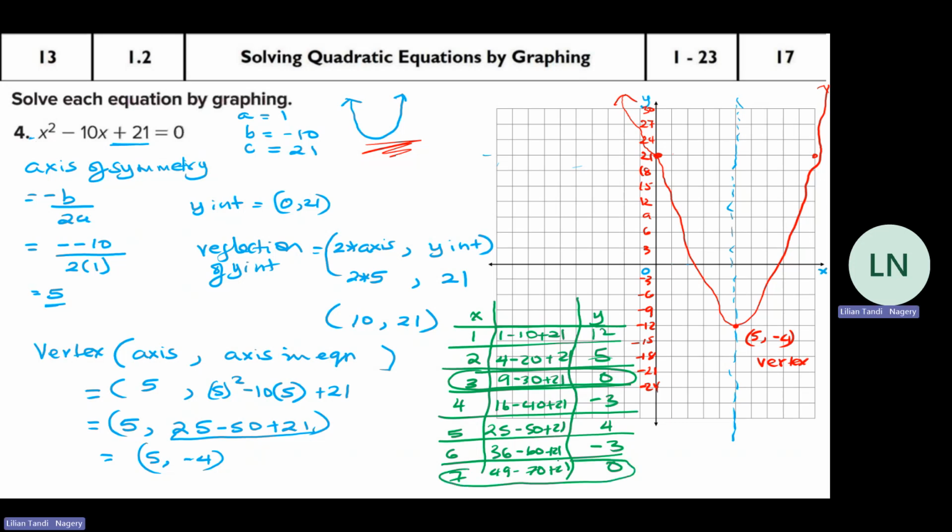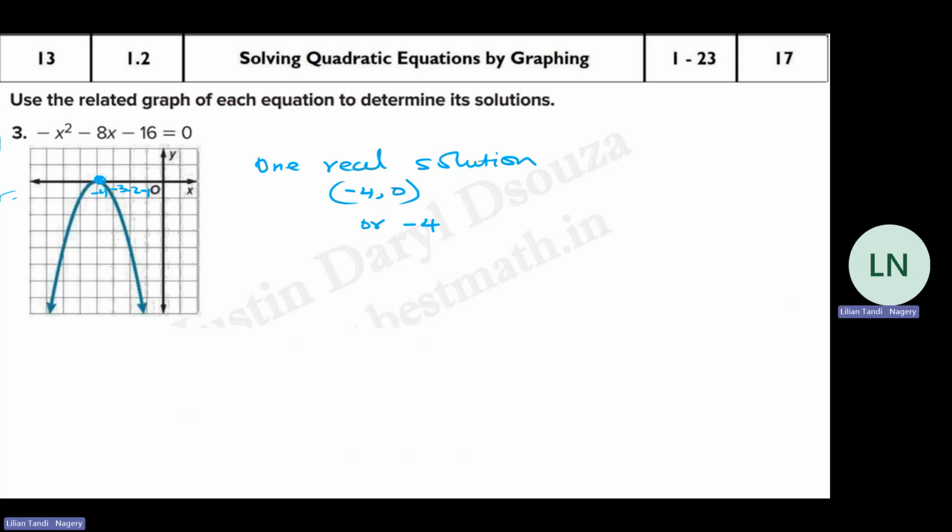That's how I know. Okay? All right. So here are my solutions: 3 and 7. Yes. So my solutions are (3, 0) and (7, 0), or 3 and 7. Okay? All right.